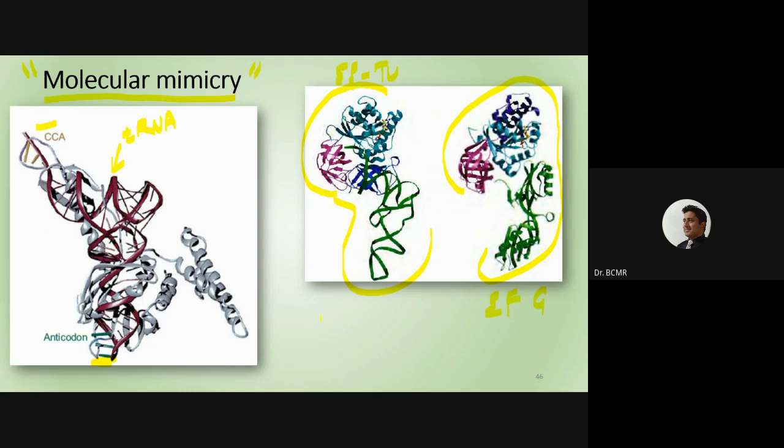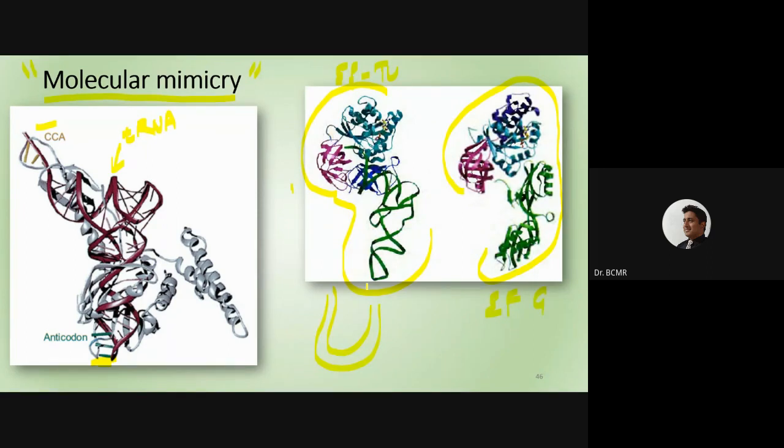The A site of the ribosome has a specific shape, and only those that fit into the shape will be able to enter, otherwise they will not be able to make proper interactions. tRNA along with EF-Tu will fit into this shape, and the next step after the peptidyl transferase reaction is translocation, which is done by EF-G, and it has to fit into the A site to make translocation happen.